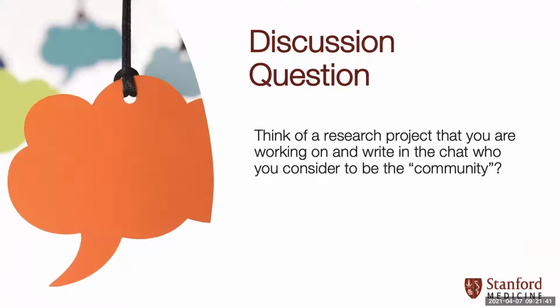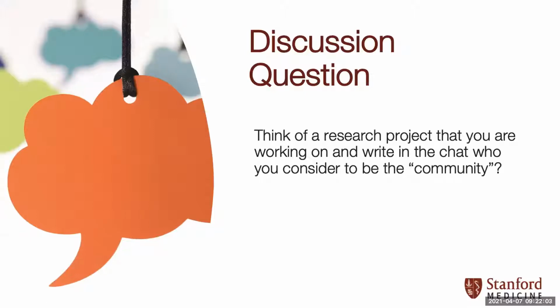Okay, so we're going to do a discussion question, and after I read it, I want to unshare the screen, and hopefully you can turn on your videos and we can see each other. So I want you to think of a research project that you're working on right now, and write in the chat who you would consider to be the community.